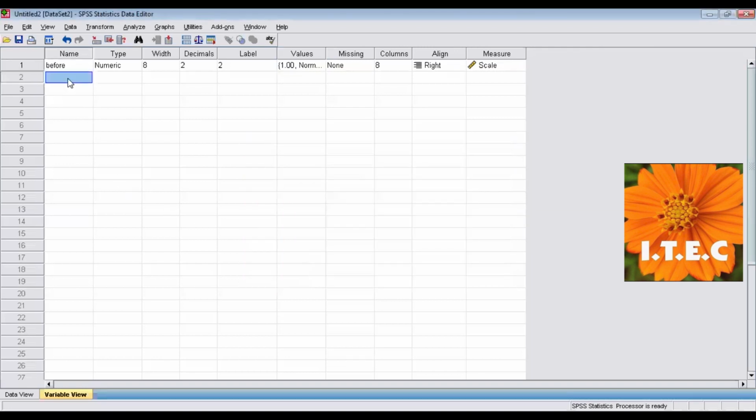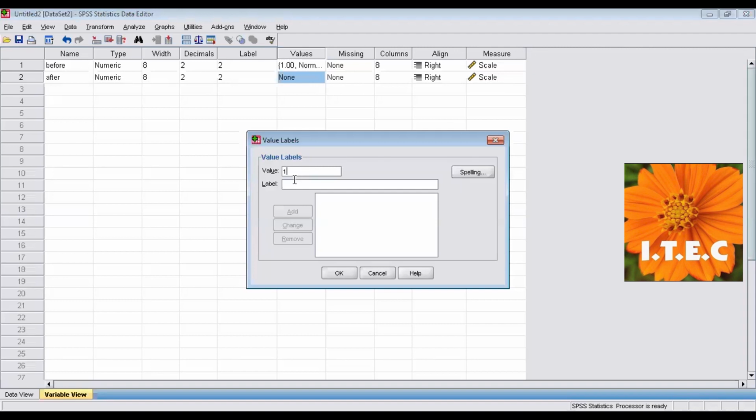And after the exercise, again two levels. One may be normal and another may be loss in weight.